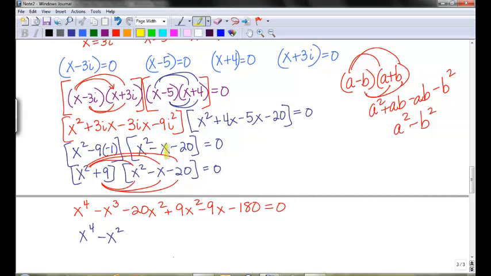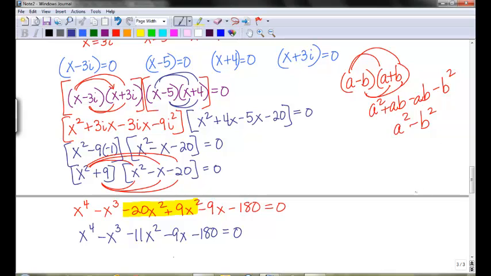Okay, now these two are like terms. Oh, sorry. My fault. Thanks. Okay, so the next two are like terms. What am I going to have? Negative 11x squared minus 9x minus 180 equals 0.